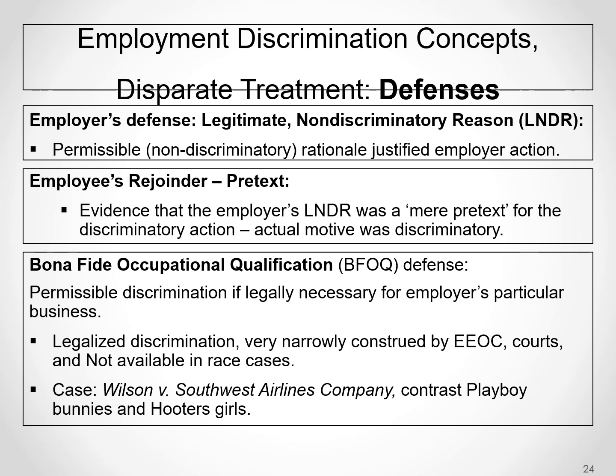An employer might have a BFOQ defense, bona fide occupational qualification. So they might say, well, yes, I made this decision, but it's permissible because it's legally necessary for the employer's particular business. It's intentional discrimination, but it's very narrowly construed by the EEOC.